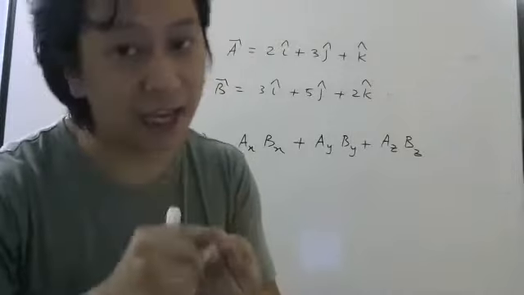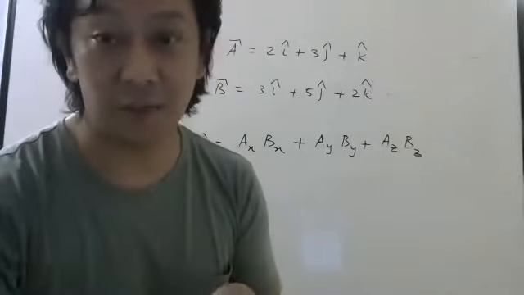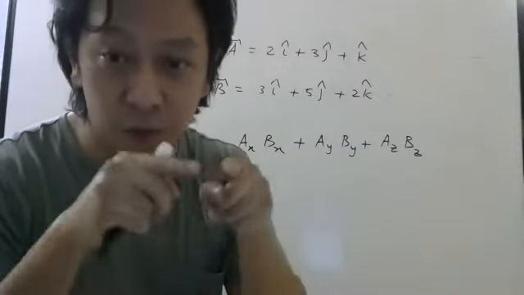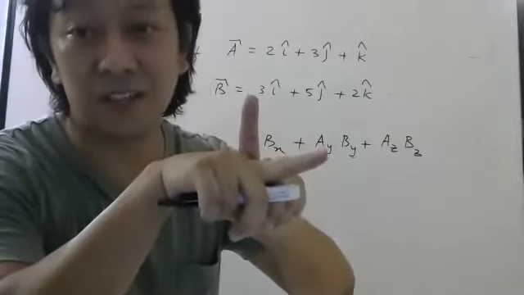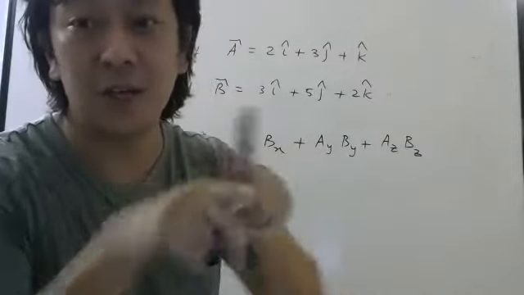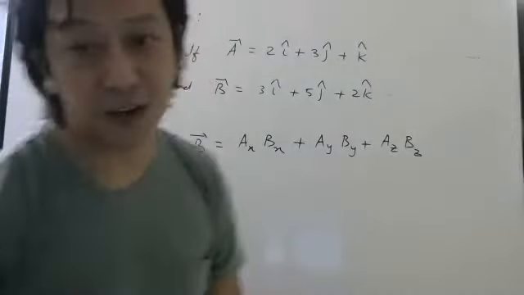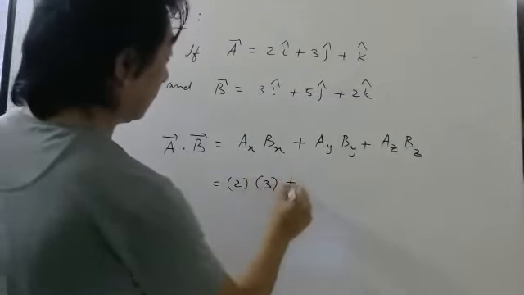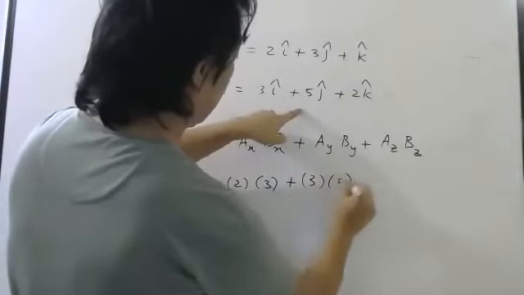So when you take i cap dot i cap, you will get 1; same for j cap dot j cap and k cap dot k cap. When same unit vectors, when you take dot product, you will get 1. When perpendicular unit vectors, when you take dot product, you will get 0. So using that only I have derived the formula. So this will be 2, 3, 3, 5, 1, and 2.